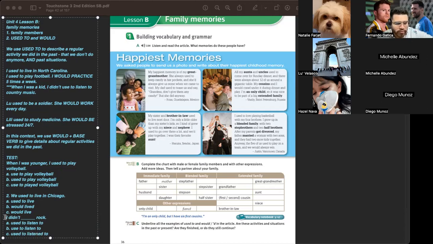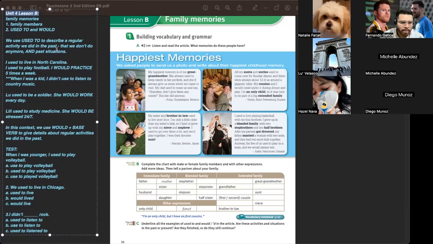What would be correct for number 3? B. Good job. Didn't use to listen to. That is correct. Never put D on use if it's negative.